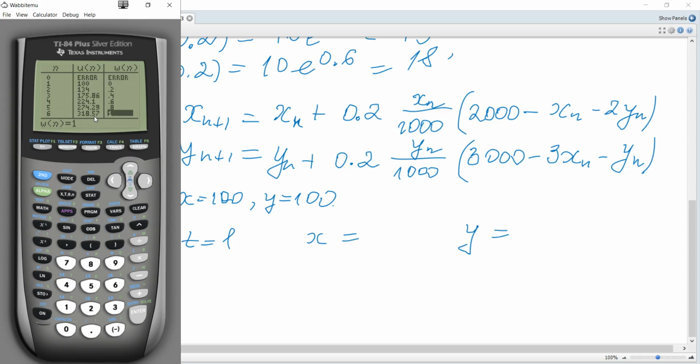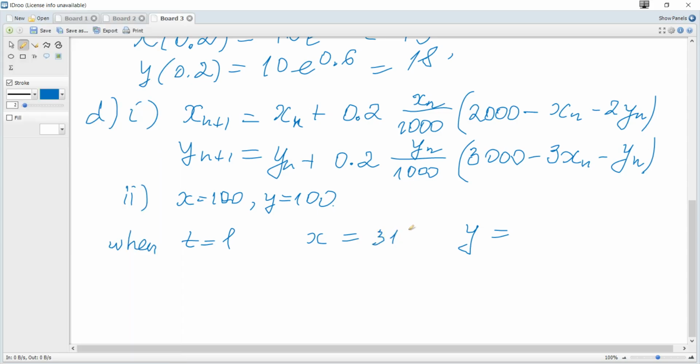And absolutely similarly, if we choose y with time and then a table, you can see that when t is 1, y is this value. So at t is 1, x is this value, and y is this value.